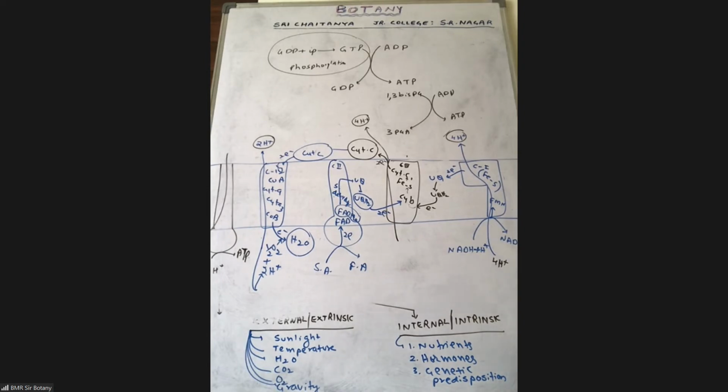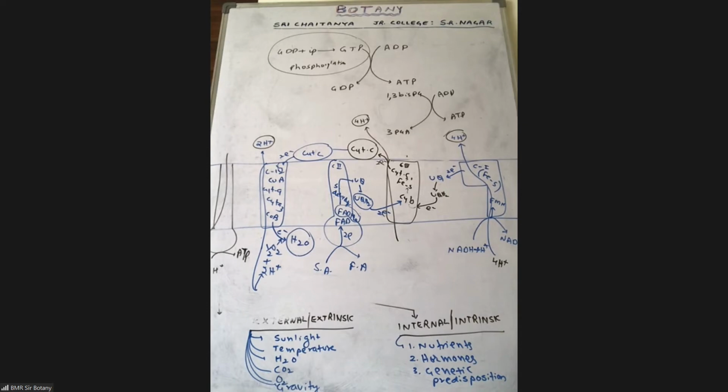For 1 glucose, Krebs cycle is the source of how many ATPs in aerobic respiration? Be careful.